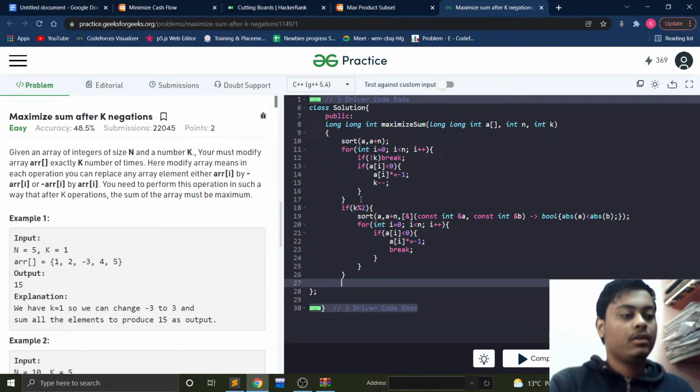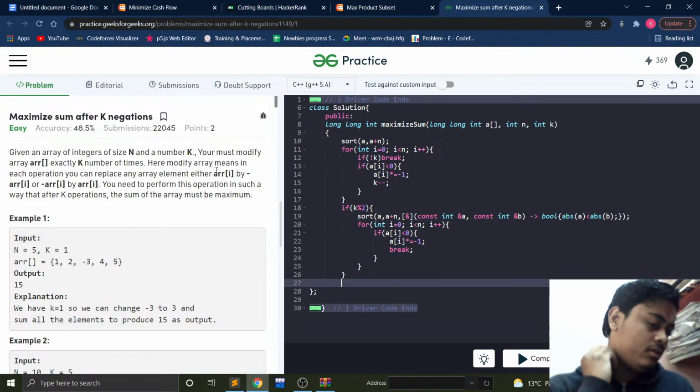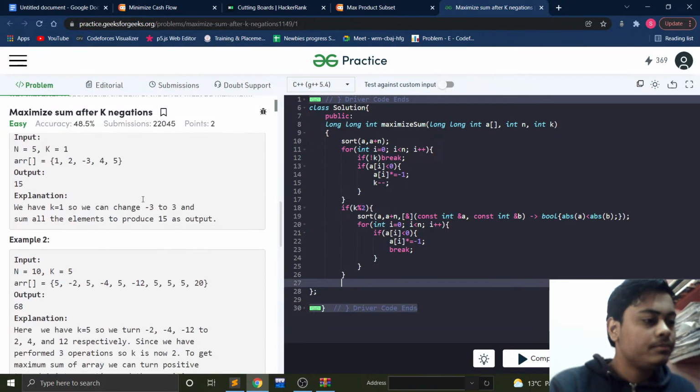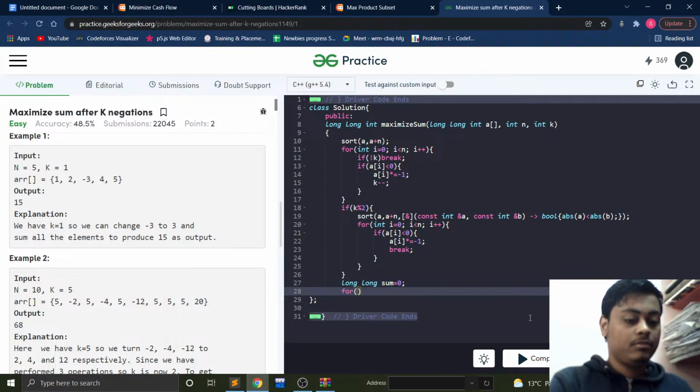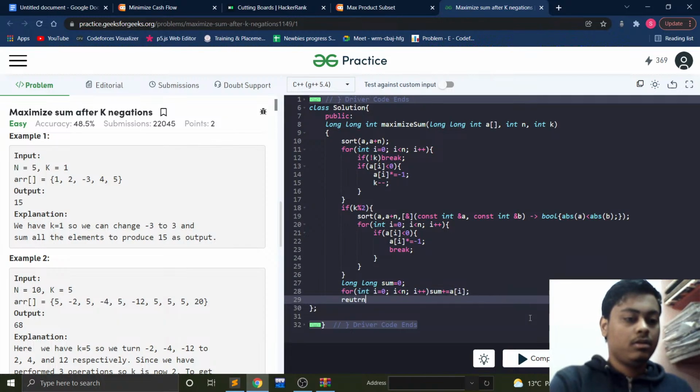Fine, now we need to return the sum, right? Sum equal to 0, int i equal to 0, i less than n, i plus plus, sum plus equal to a[i], return sum.